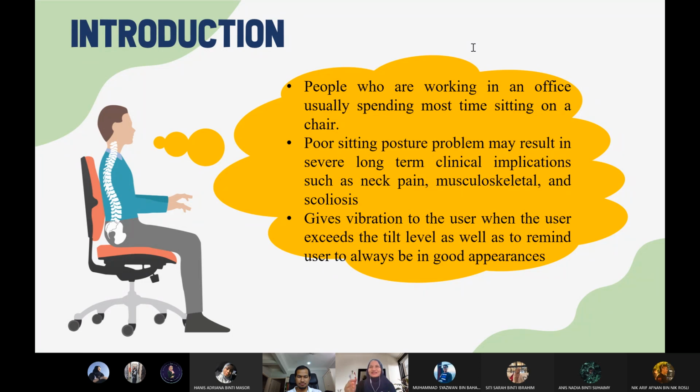Brilliant is based on the technology applied, and brace is to give support or forms of support to our body, especially the neck area. Brilliant Brace Posture.